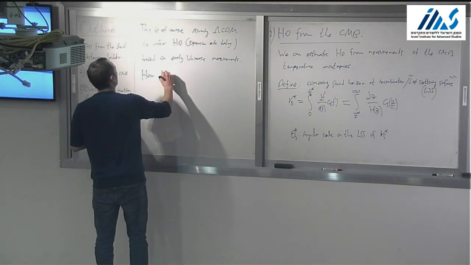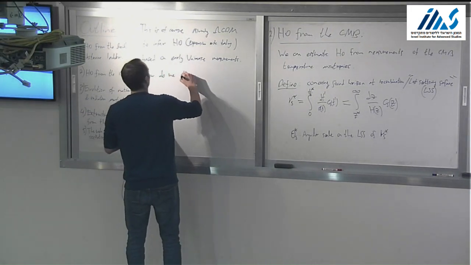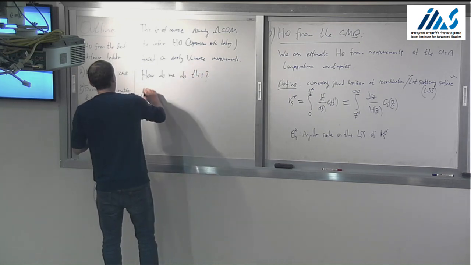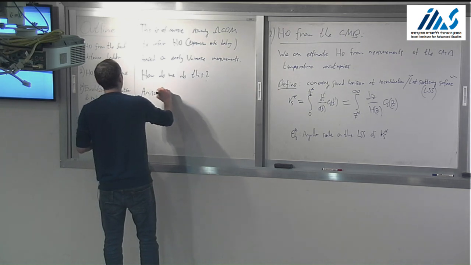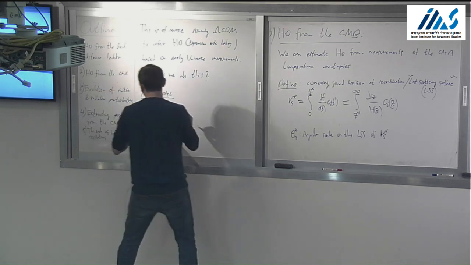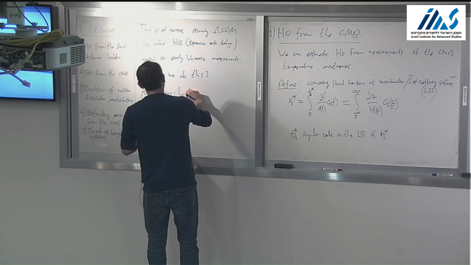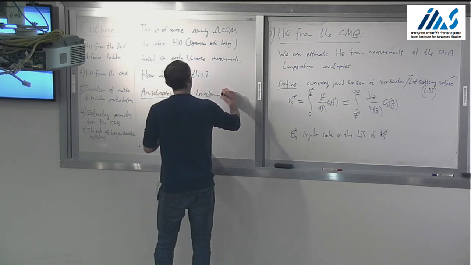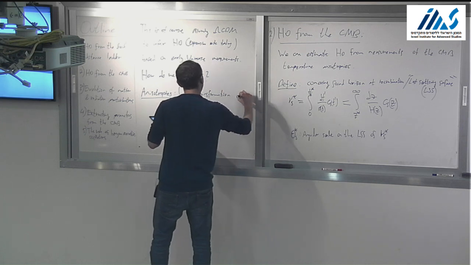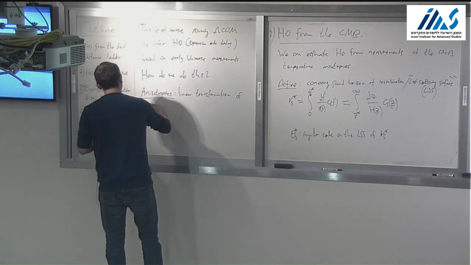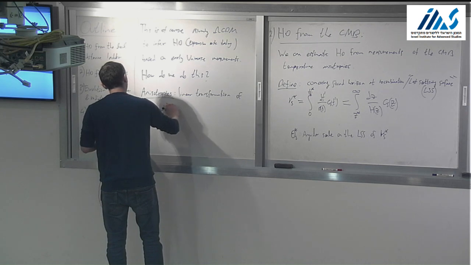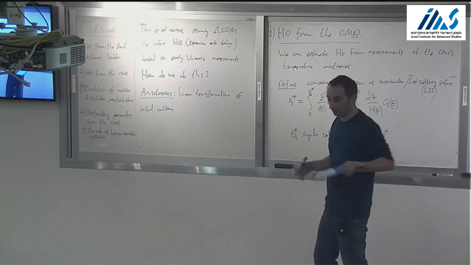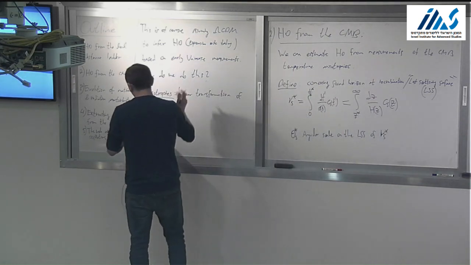Okay, so how do we actually do this? What are the CMB anisotropies? They are a linear transformation of initial conditions. So here I'm talking about anisotropies, density anisotropies, or anisotropies in the universe at large.